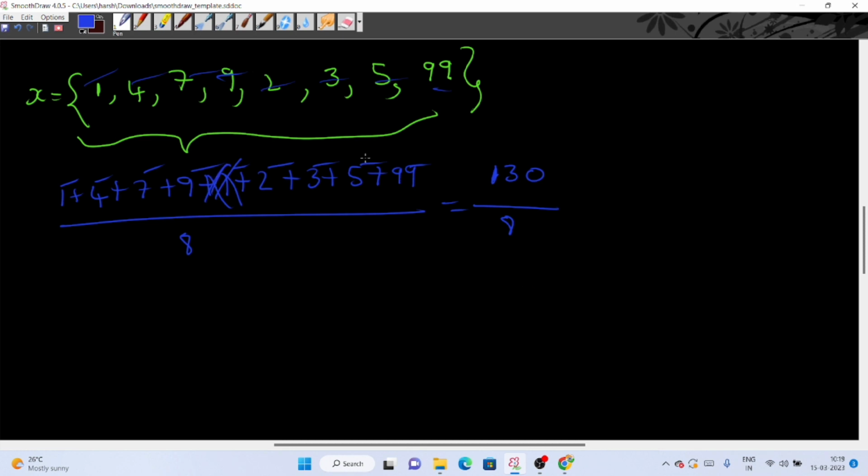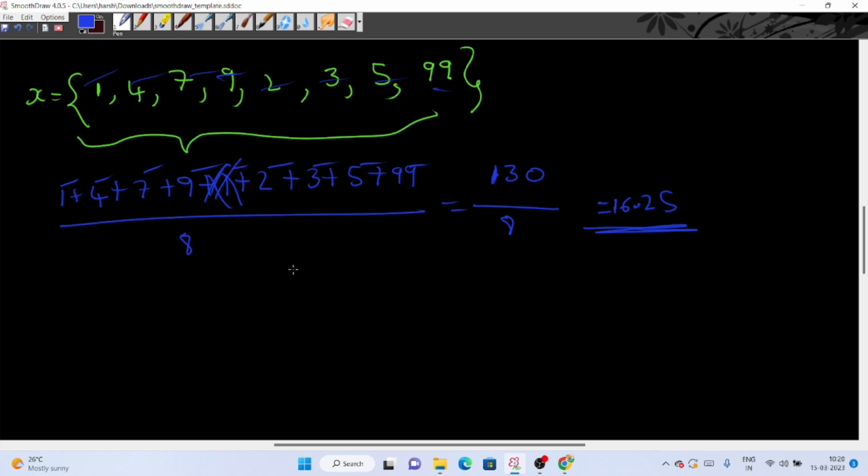So the value would be 130 divided by 8, which is 16.25. So we got a value of 16.25.